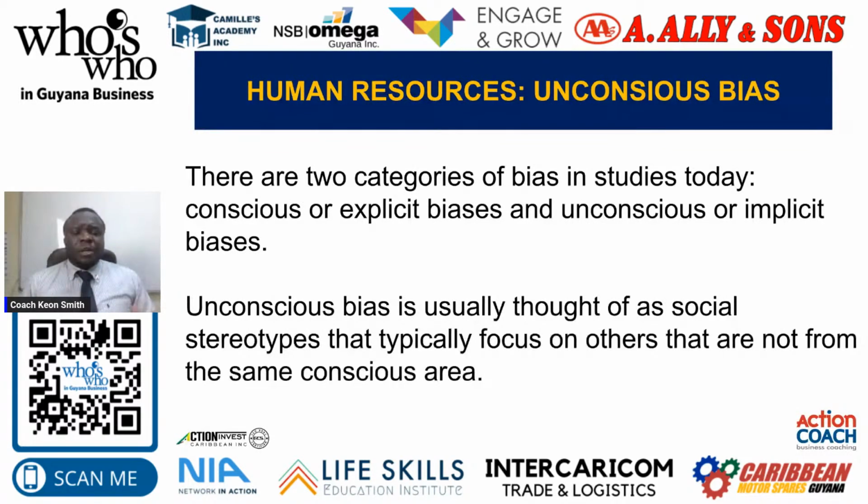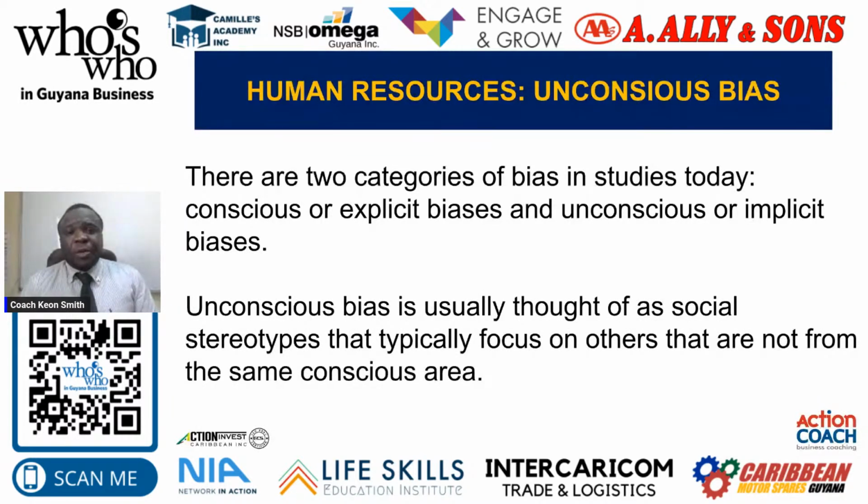Just to give you an understanding of the two of them, unconscious bias is generally those social stereotypes that we unconsciously use when it comes to decision making and even inclusion and diversity.